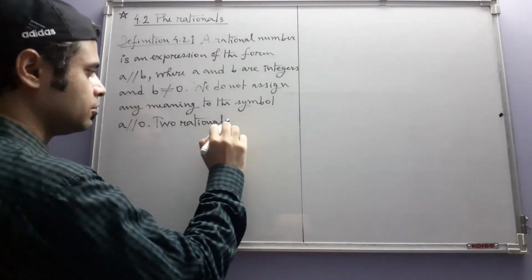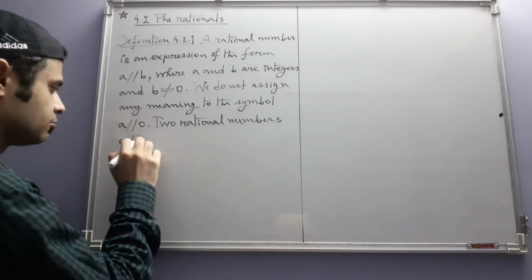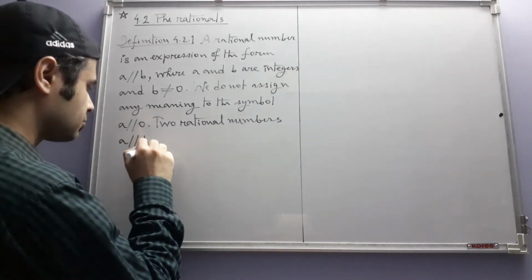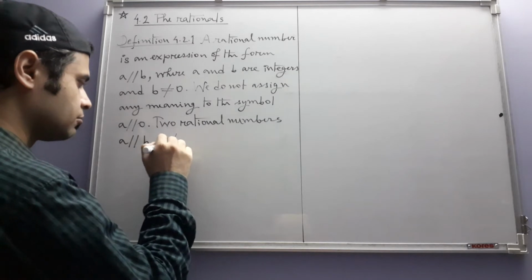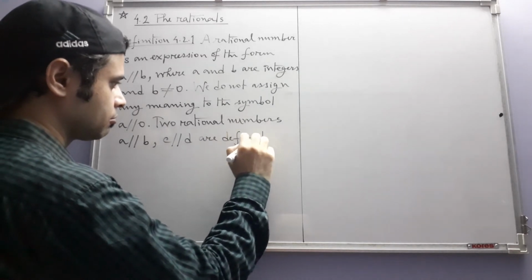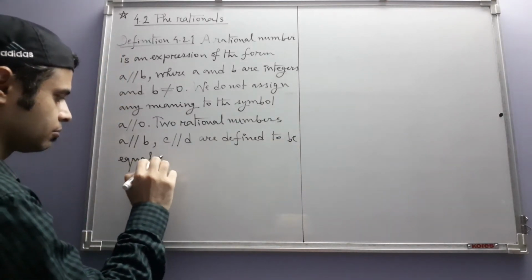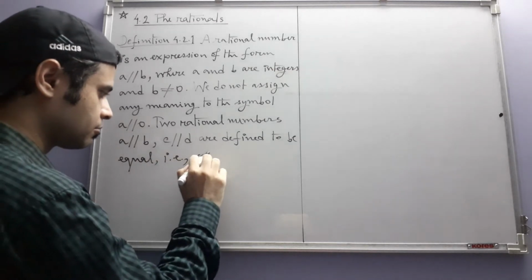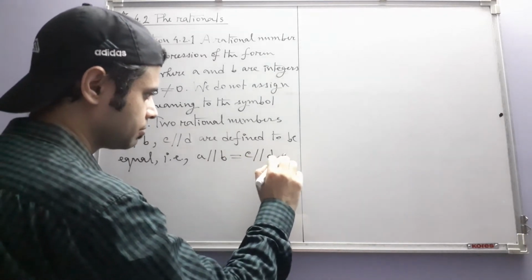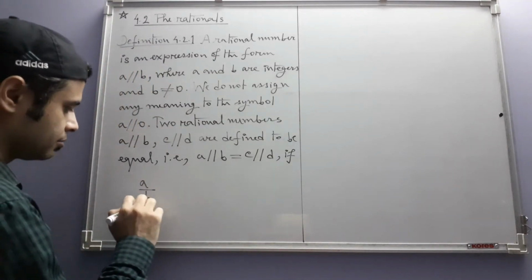Two rational numbers a by b, we continue to call it a by b or a divided by b, are defined to be equal, that is equal to this, if, okay, normally when do you have this?